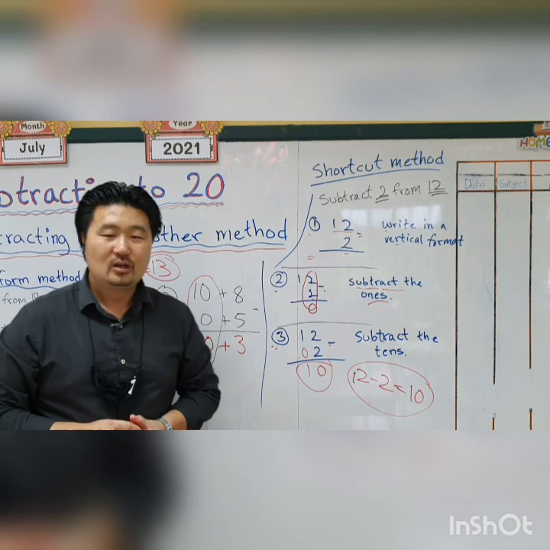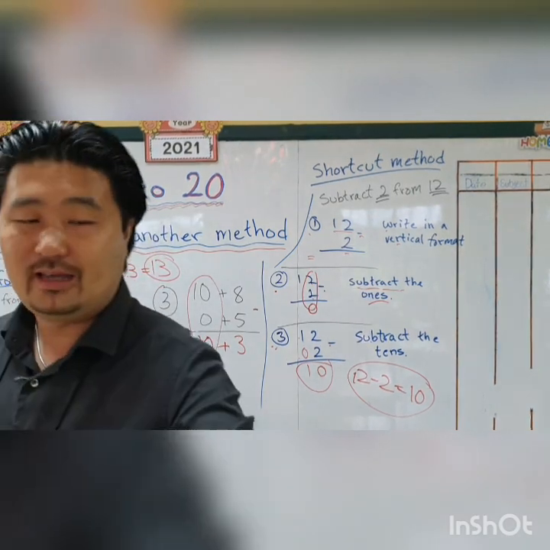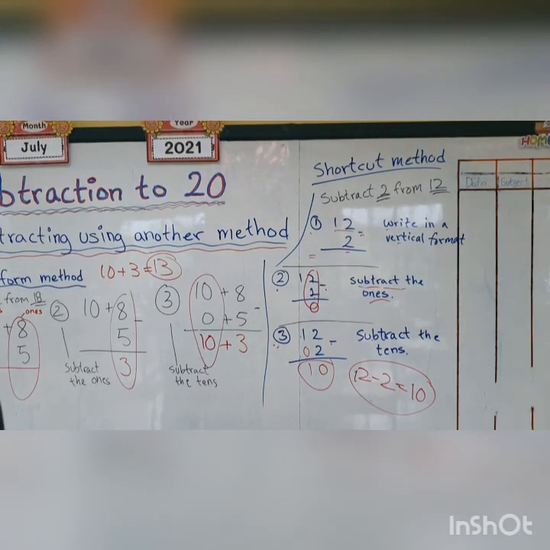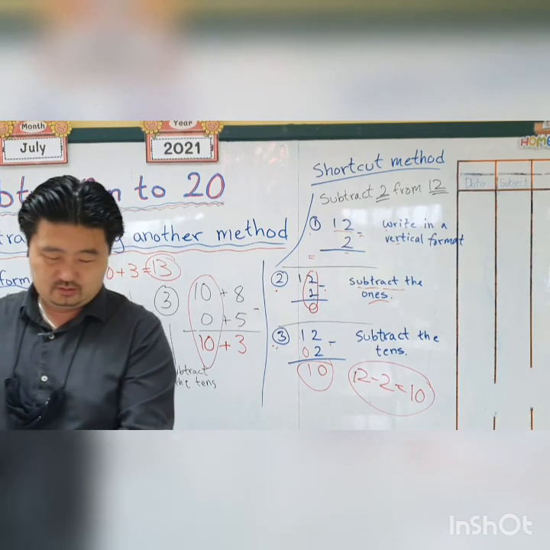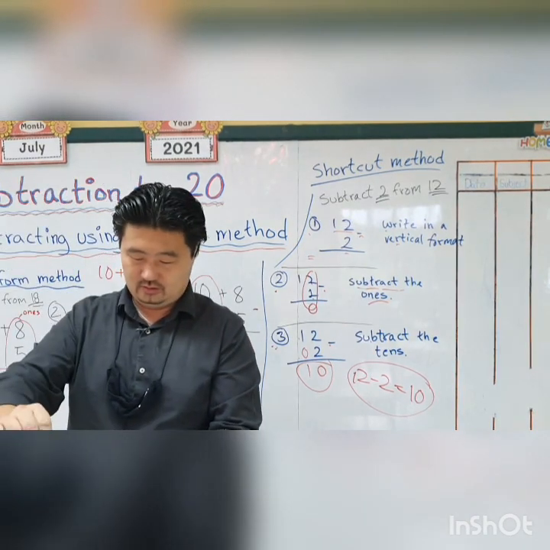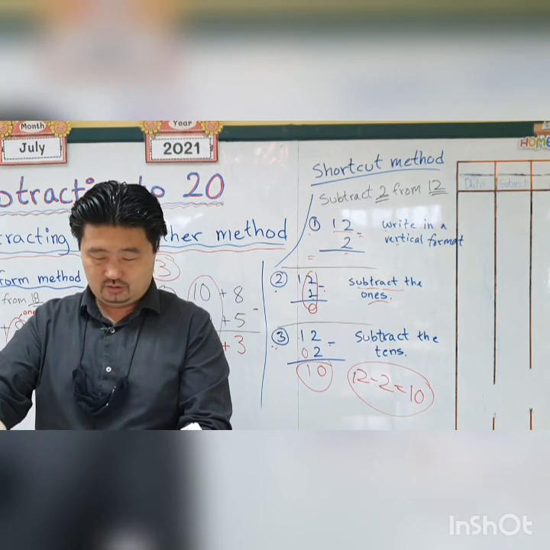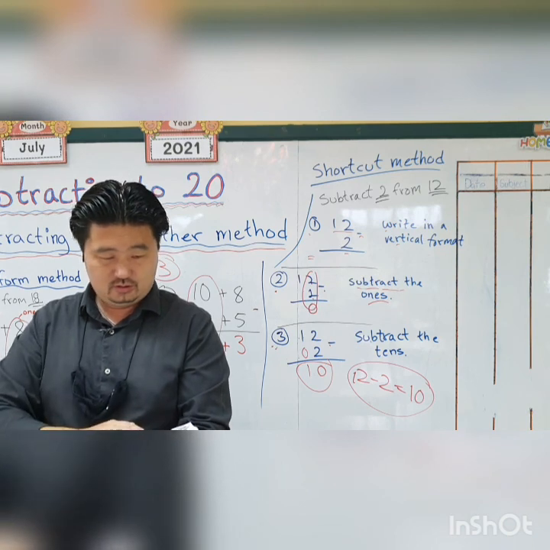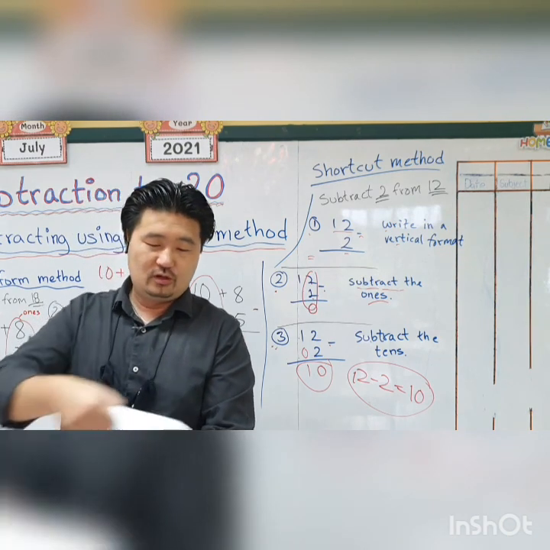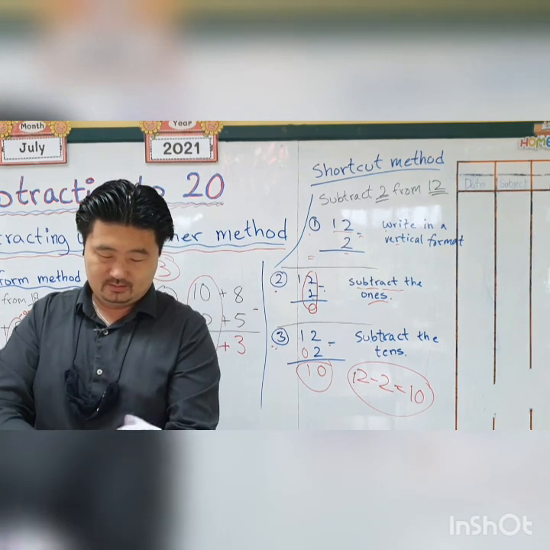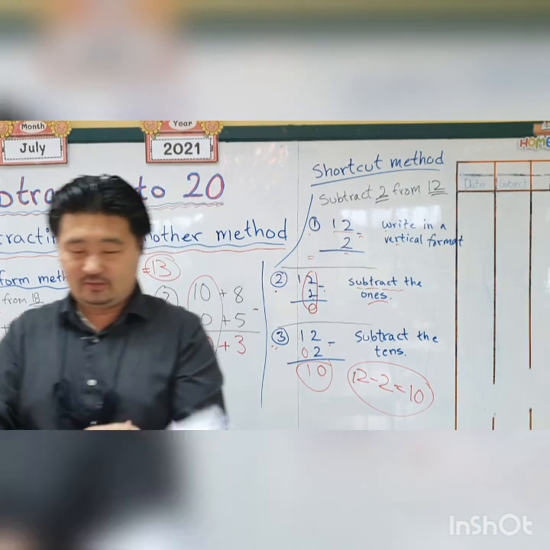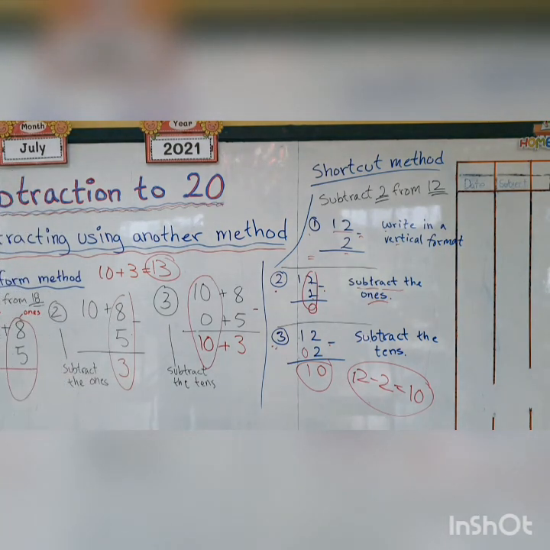Alright? Good. Now, let's look at some homework in the book. Okay, I will give you 3 pages to do as homework. 235, 236, and 237.